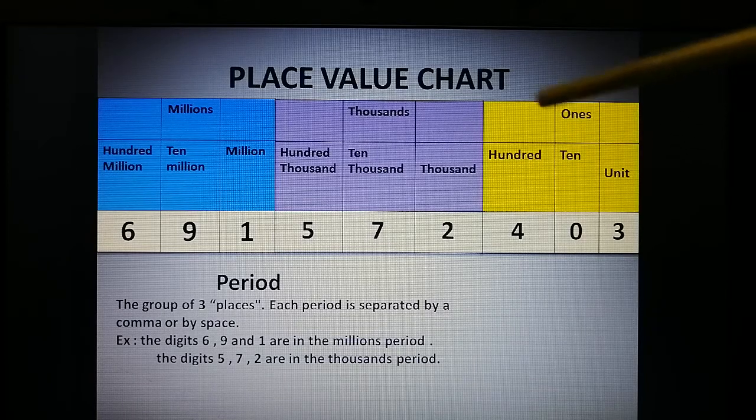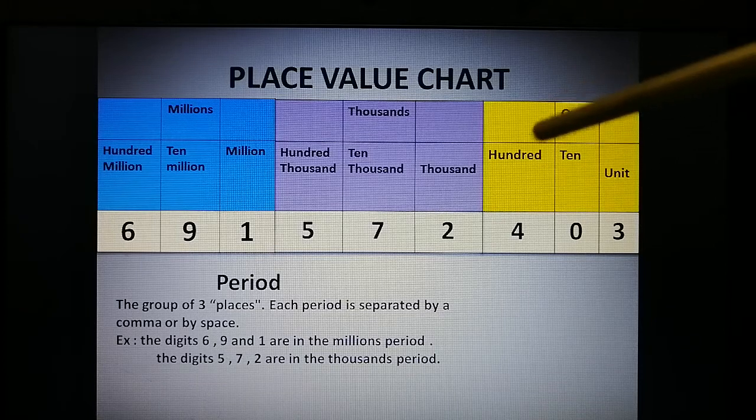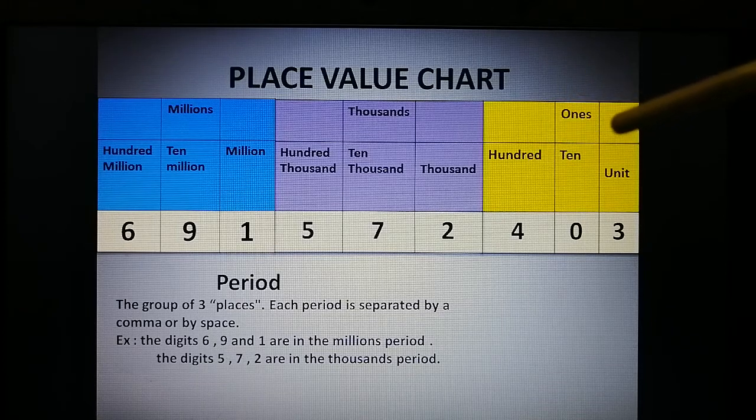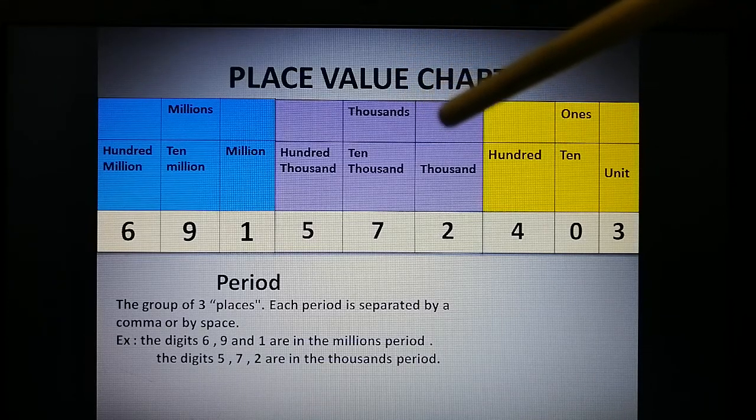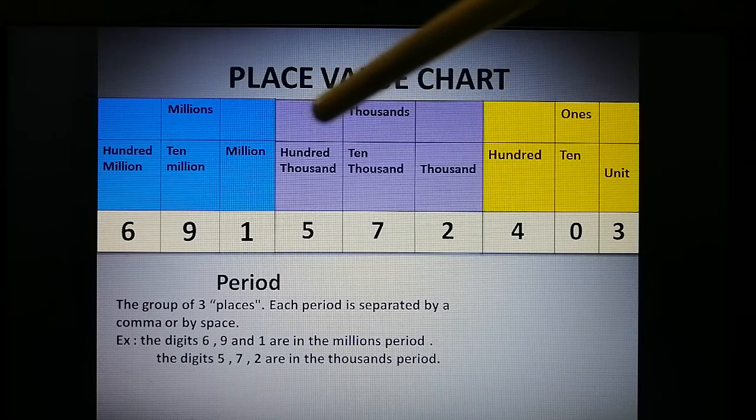The ones group has unit, 10, 100. The thousands group also has 3 places: 1000, 10,000, 100,000.